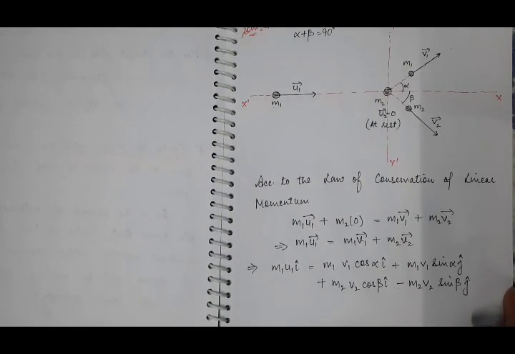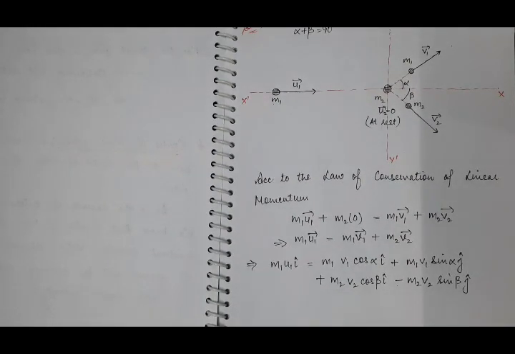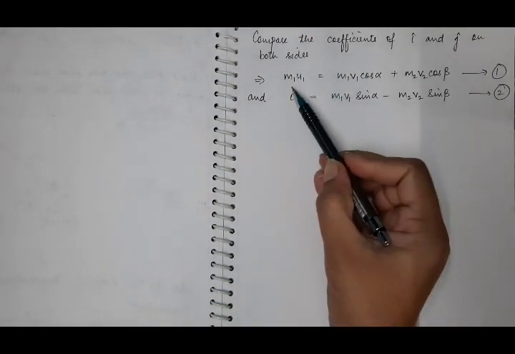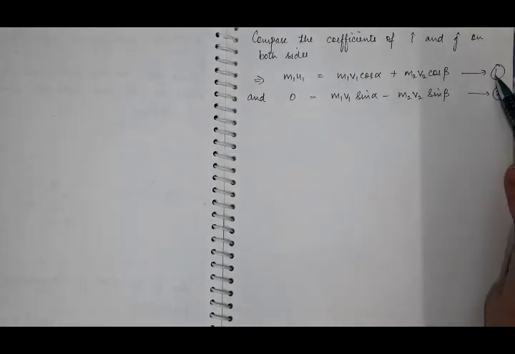So now compare the coefficients of i cap and j cap on both sides. After comparing them, we get these two equations; suppose this is equation 1 and this is equation 2. Now we will apply the law of conservation of kinetic energy.